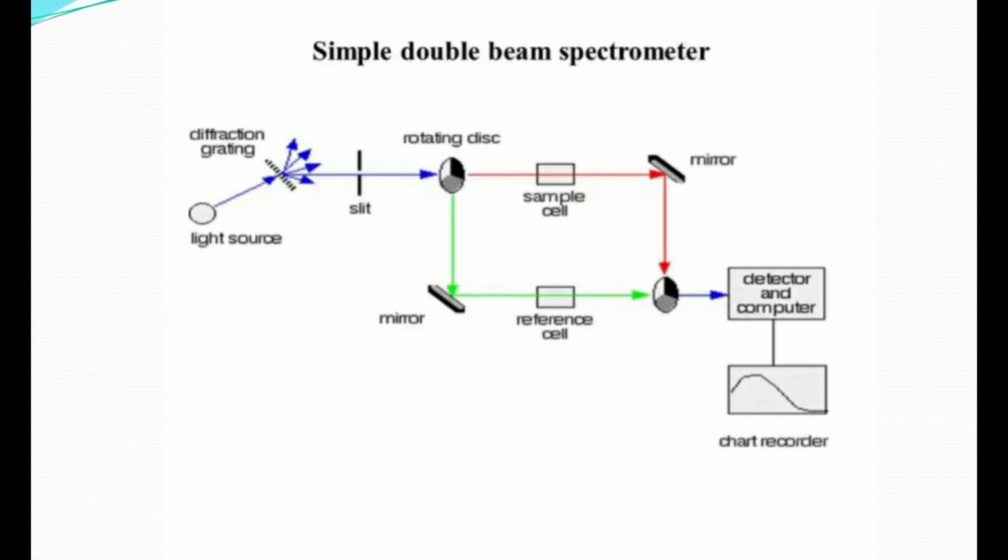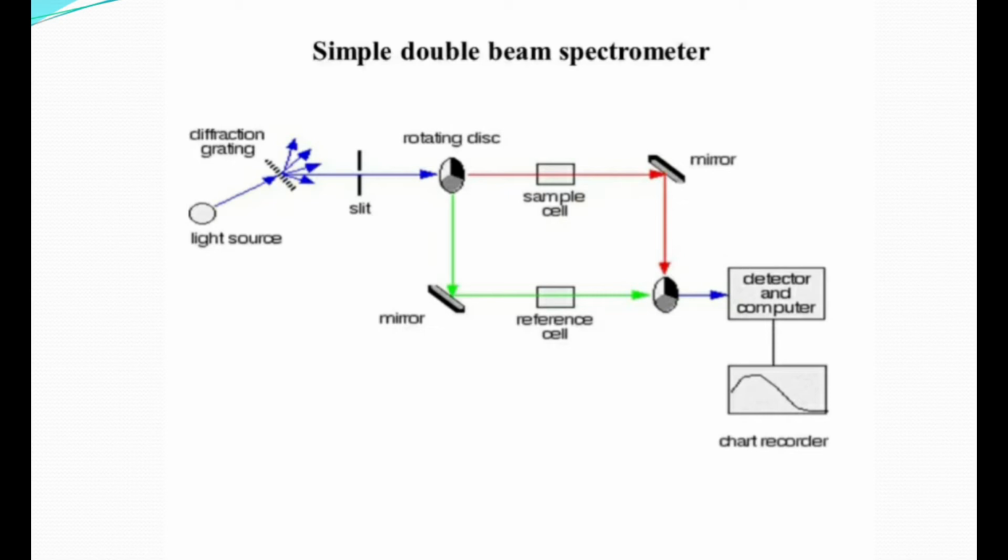Actually, double beam spectrophotometer means a single light is split into two parts to give the result. The two parts of this split light are known as the double beam. In between, the mirror is on the sample cell.